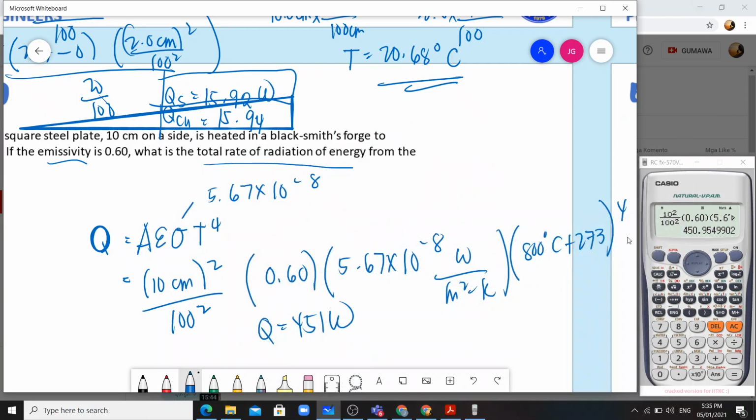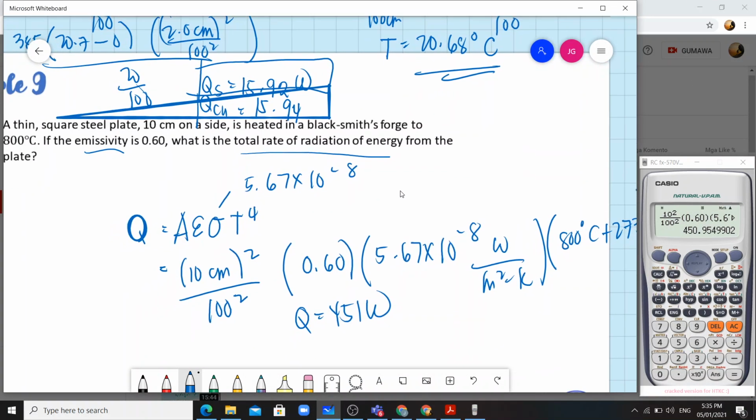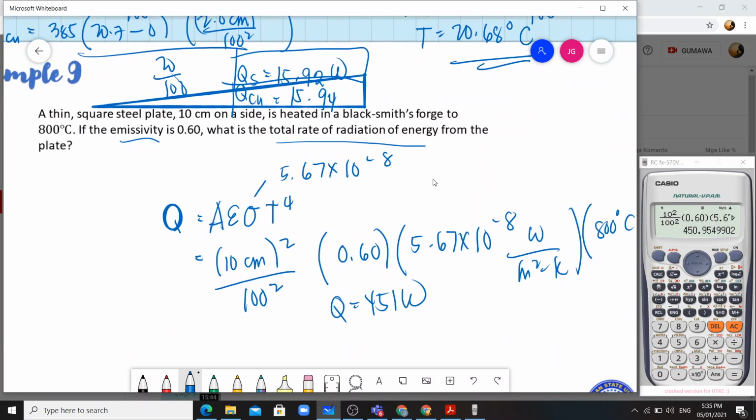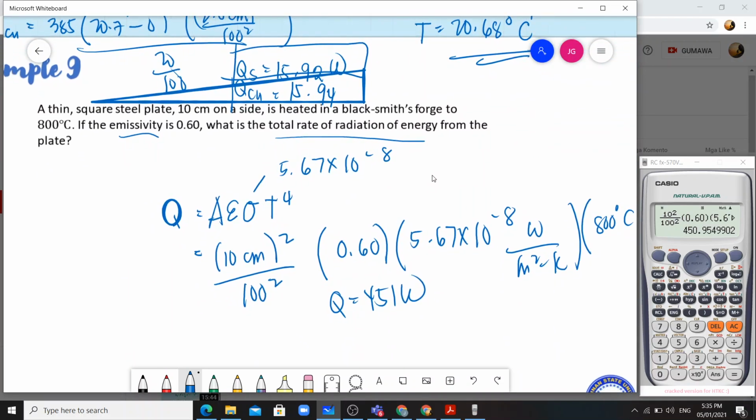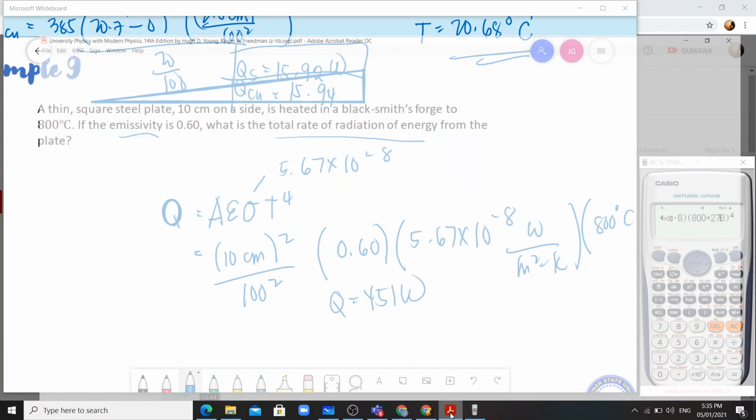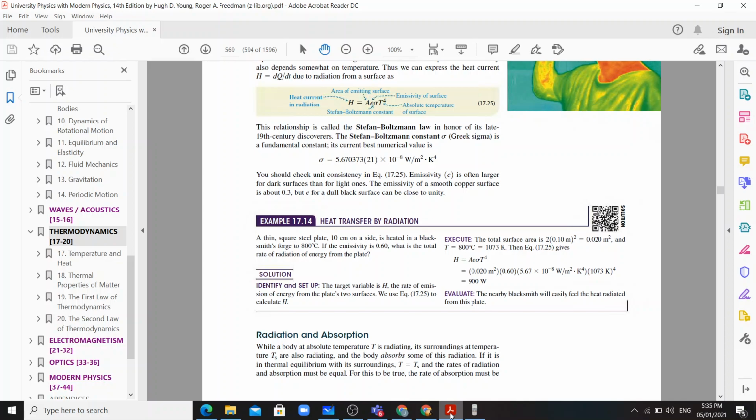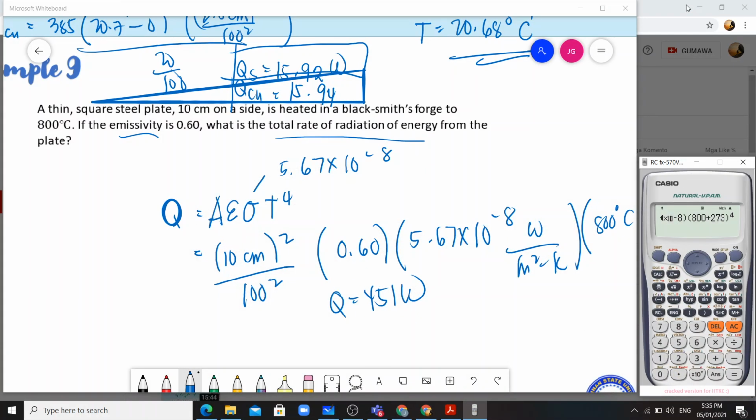Parang may mali. 10 centimeter on each side, on a side. Square plate, 10 centimeter squared, 100 squared, 0.60, 5.67 times 10 raised to negative 8. Okay, 800 plus 273. Tama naman. Bakit 900 watts?